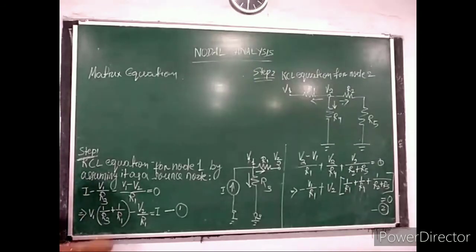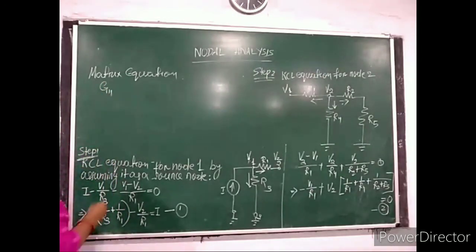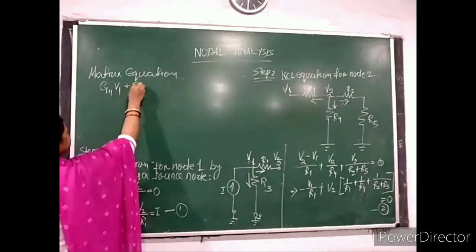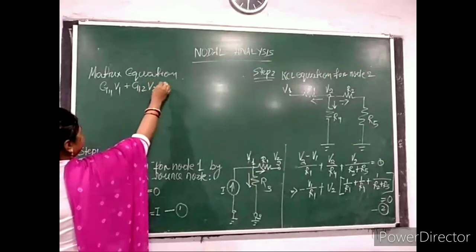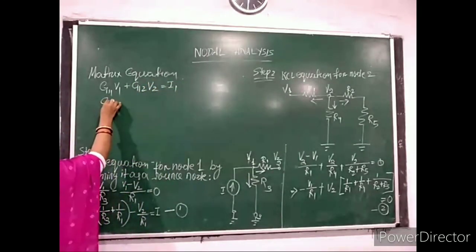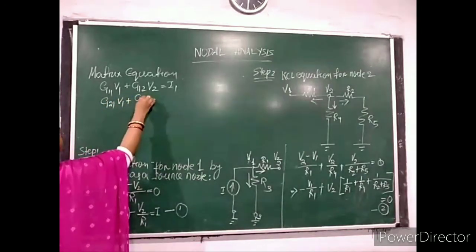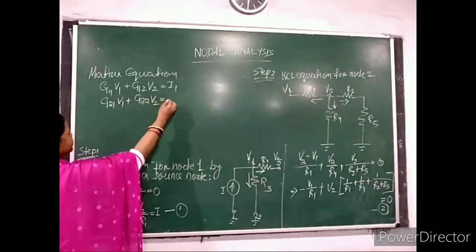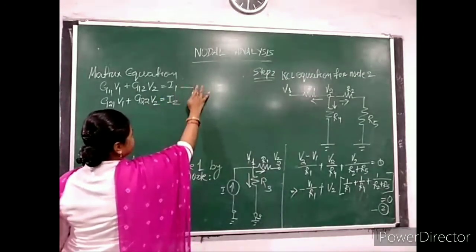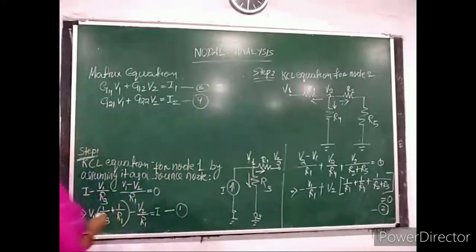So the matrix equation is written as G11 V1 plus G12 V2 is equal to I1, G21 V1 plus G22 V2 is equal to I2. This is equation number 3. This one is equation number 4.